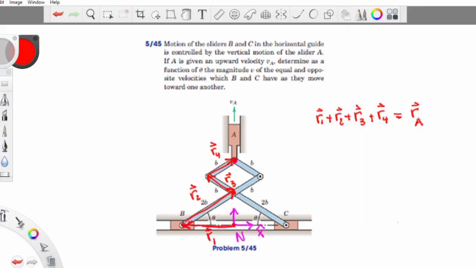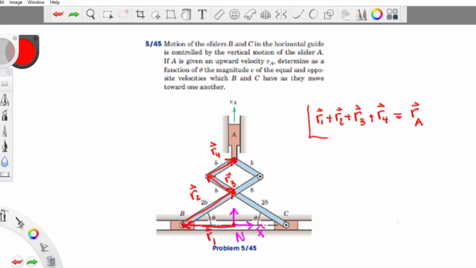Since we are interested in describing the velocity of point B in terms of the variables theta and v, we can tell that the position of the point B is related with vector R1 directly, and the position of point A is related to RA, so its velocity is the derivative of the RA vector.